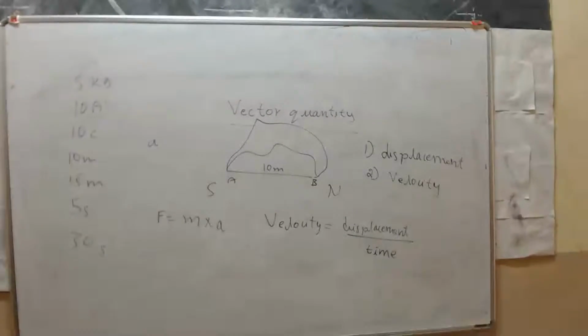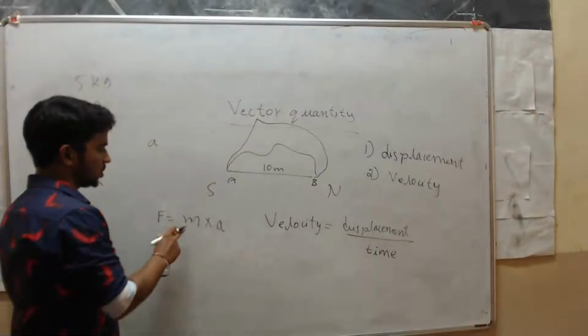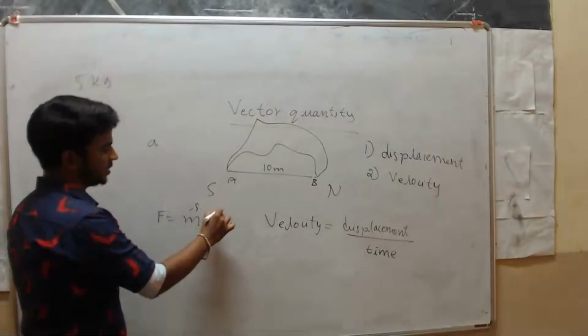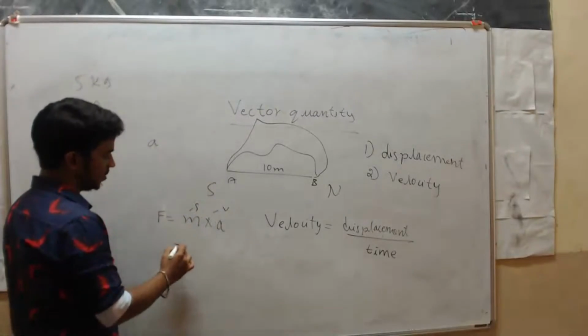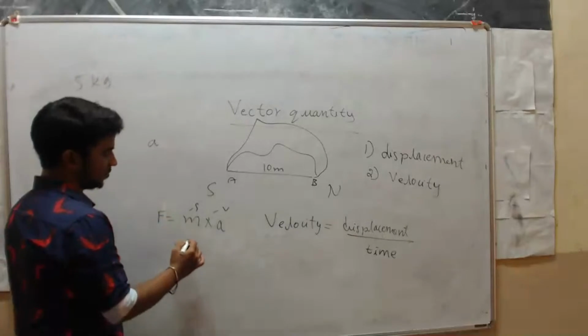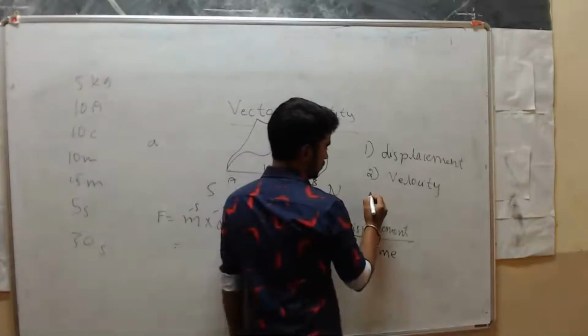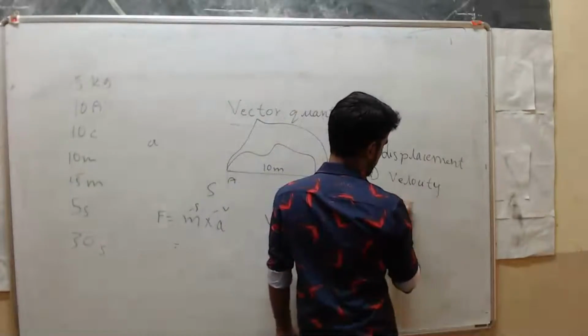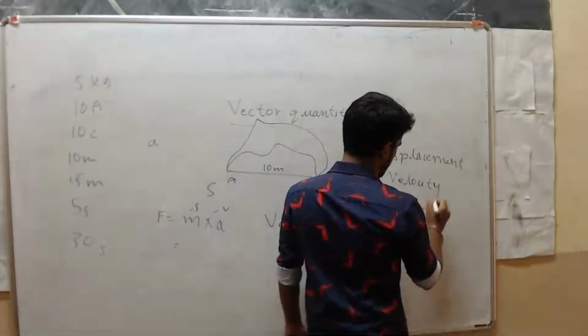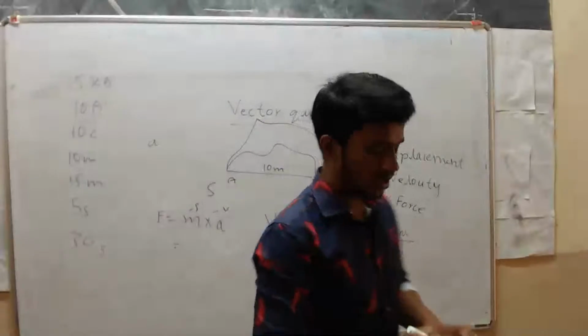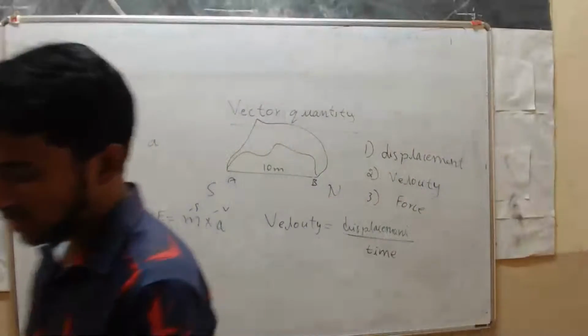Yes, acceleration is an example for vector. So here force equals mass into acceleration. Mass is the scalar quantity, acceleration is vector quantity. So that's why overall we'll say that force is an example for vector quantity. Then acceleration is also an example for vector quantity. Okay.